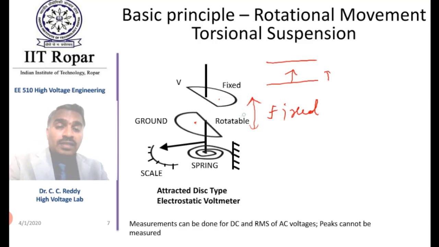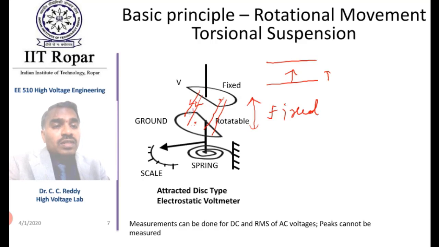Unless there is a little bit of misalignment, if they are perfectly aligned at 180 degrees, then the forces are equal and opposite, and it cannot move. So there should be some small misalignment in one direction, so that in that direction it starts moving. The forces will be like this, they will be attracted. For example, here you consider these lines of force.